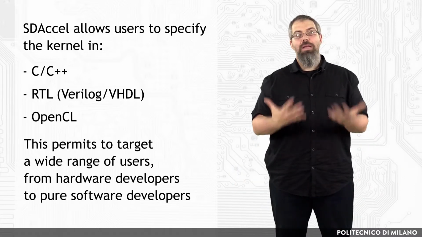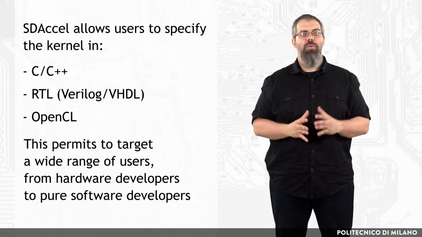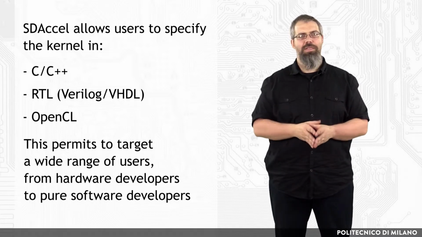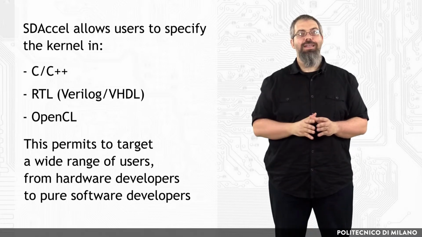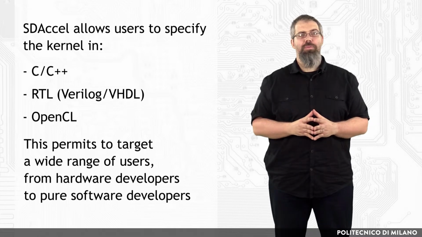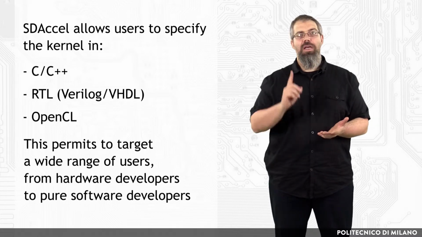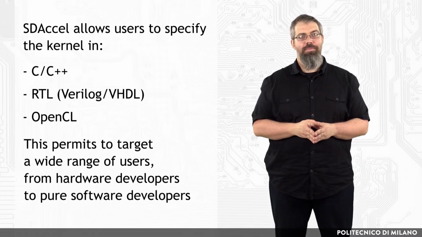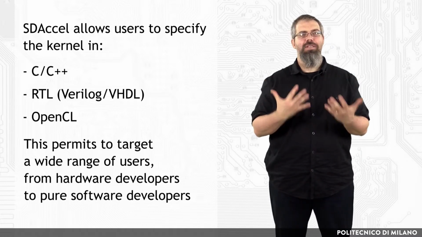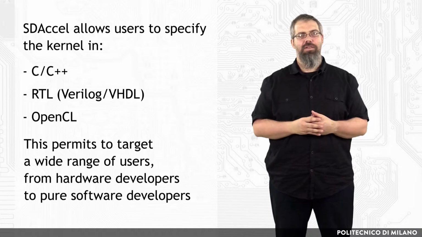Of course, implementing a design in RTL is way more complex and time-consuming than C, C++, or OpenCL. As you can easily understand, it is all a matter of trade-offs among performance, area usage, and development time. Therefore, the starting language significantly depends on the skills and expertise of the designer.